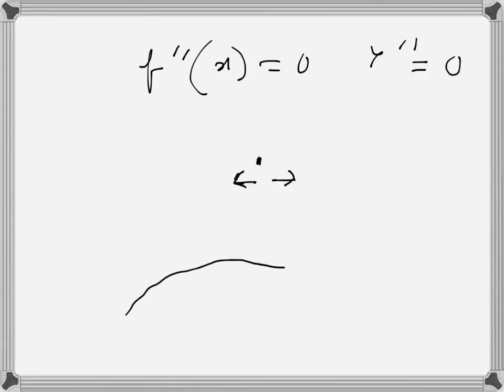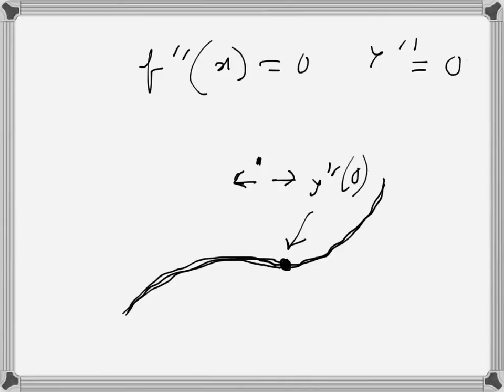So for a function like this, it's not a very perfect drawing, but something like that, this point can be a point of inflection if the second derivative is 0. To check whether it is, we go to the left and see the sign of the second derivative, or the curvature.